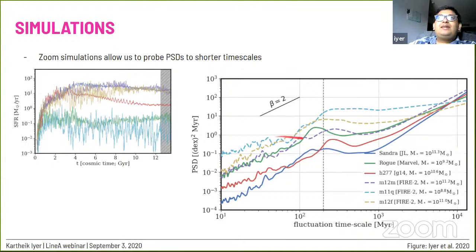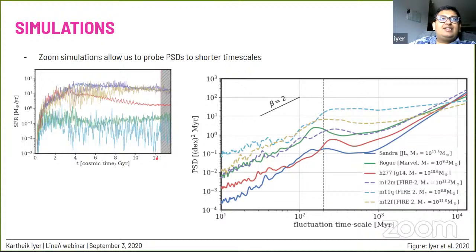Another interesting thing about analyzing individual galaxies is that you can now see individual bumps and ridges and breaks in these PSDs. That is really interesting to tie back to the fluctuations that we see in these galaxies.